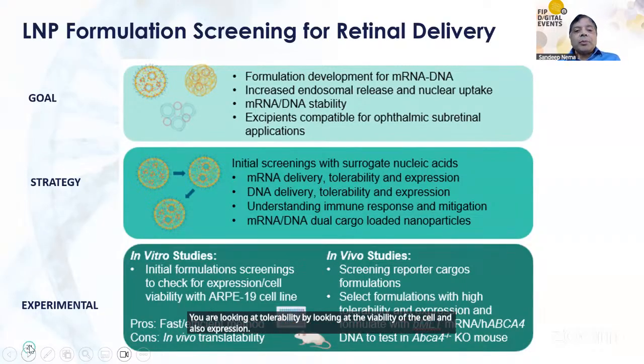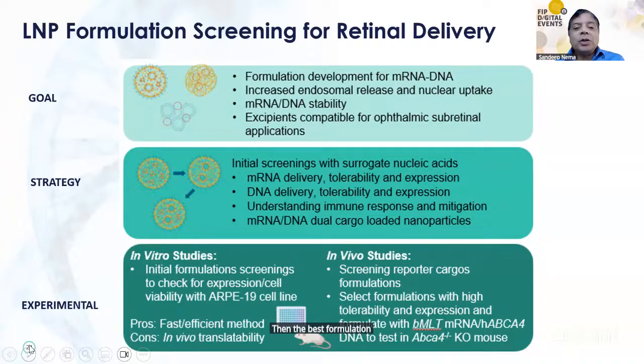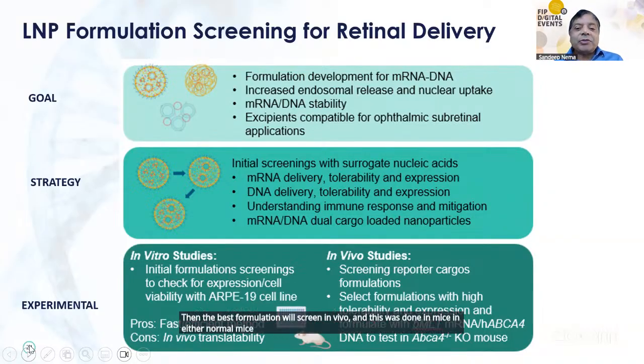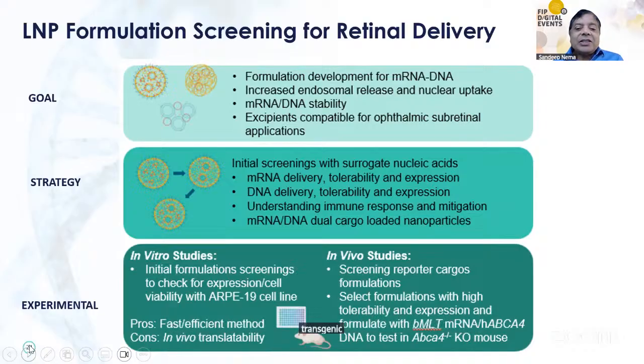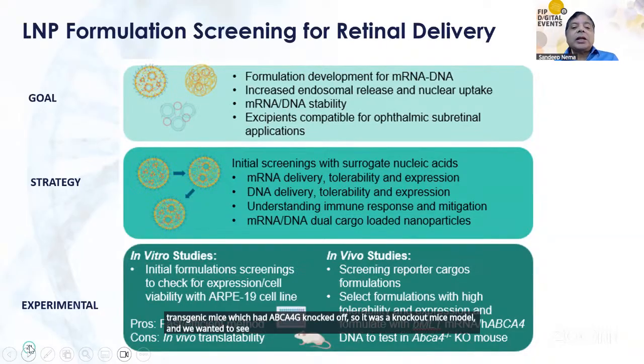Then the best formulations were screened in vivo, and this was done in mice, either normal mice or, when we were looking at the actual disease treatment, a transgenic mouse which had the ABCA4 gene knocked out. So it was a knockout mouse model, and we wanted to see in this model if the ABCA4 gene is going to be expressed or not.